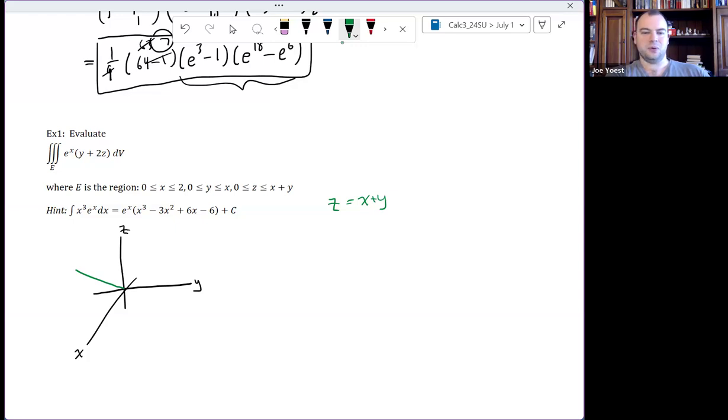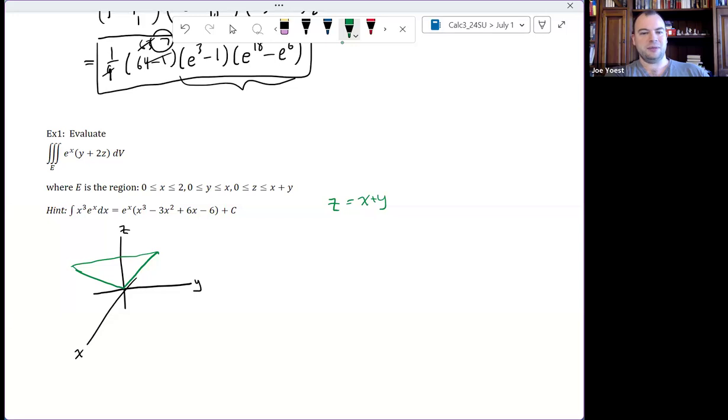When x is 0, when I'm in the yz plane, I get something similar, just z equals y. That's this 45-degree line in the yz plane. So I have a plane that is coming down, it's going through the origin, and it's kind of slicing at like 45 degrees. So the chunk of this plane in the first octant here, if I cut it off at some point, kind of looks like a triangle like this, but this triangle is at 45 degrees going kind of into the screen.